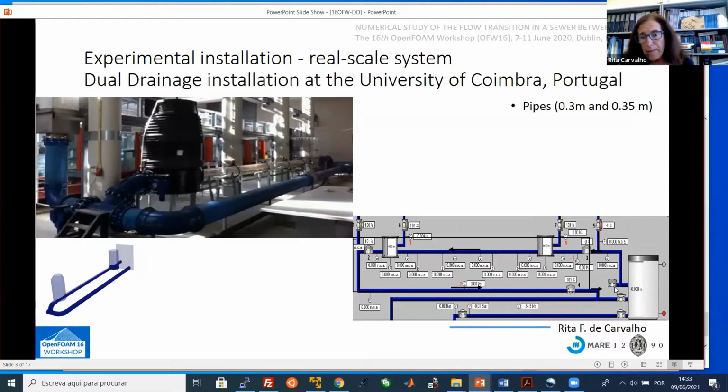And we can also derive the water to come to this dual drainage installation.